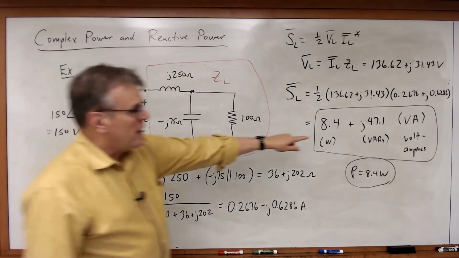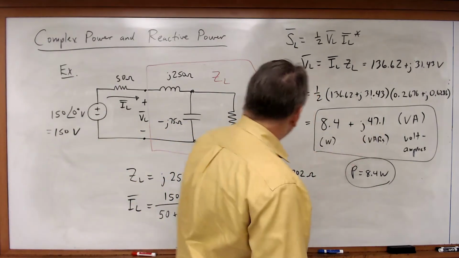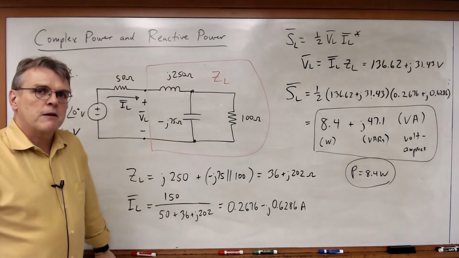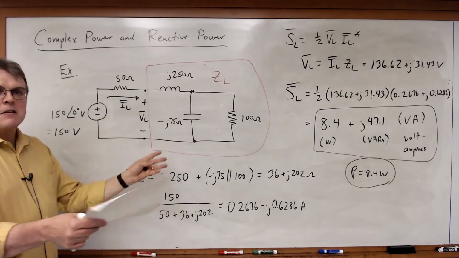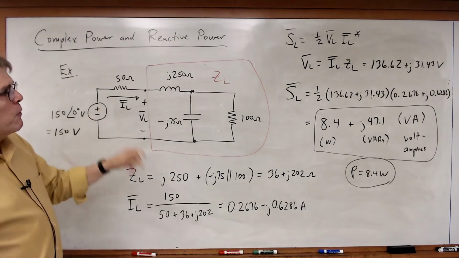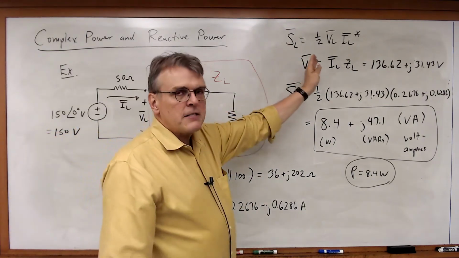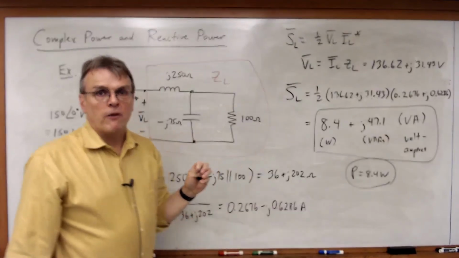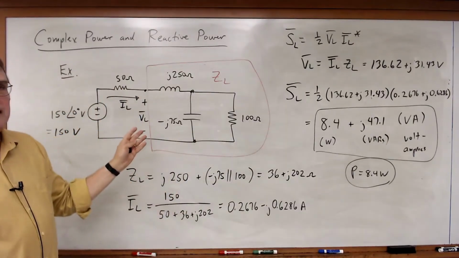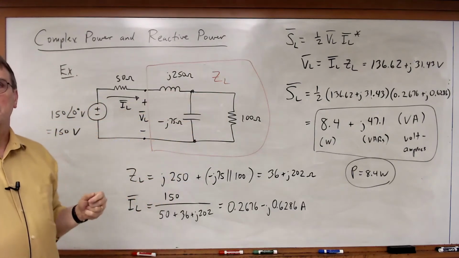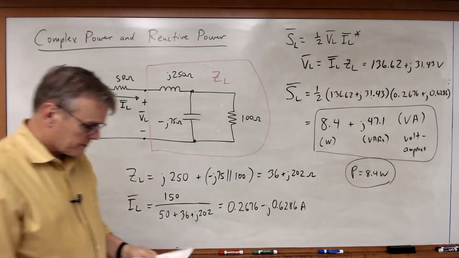And in addition, I also know the total reactive power due to those two reactive components, the inductor and the capacitor. Everything is there. So the complex power equation solves everything at once. This is the equation you want to use to solve for AC power. Makes everything very easy, and you're doing nothing but simply using the phasors you've already calculated using phasor analysis.